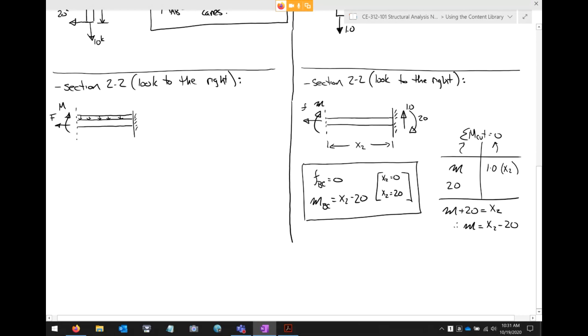So we've got our reactions, which are 20 kips, 70 kips, and then that bending moment reaction of 600 foot kips. This dimension here is x2.